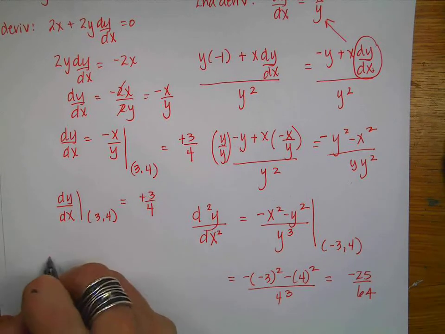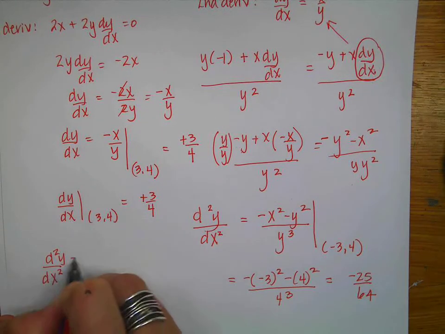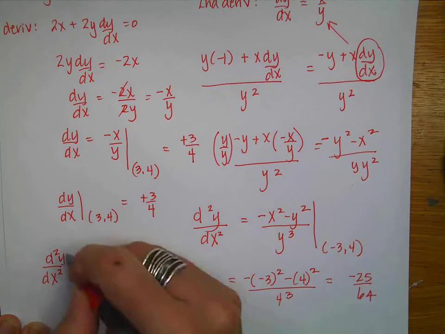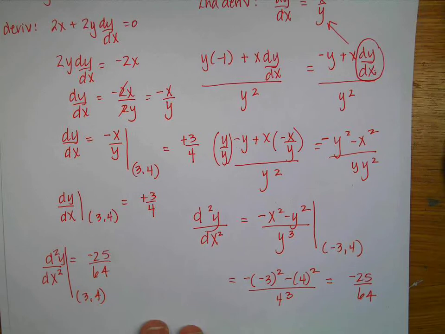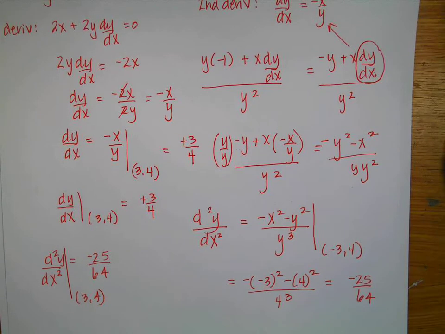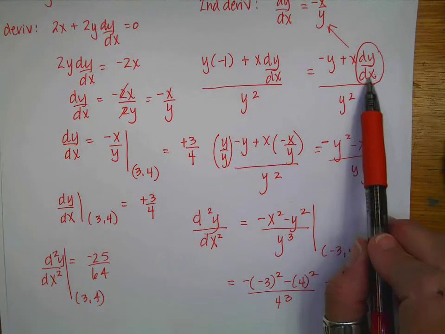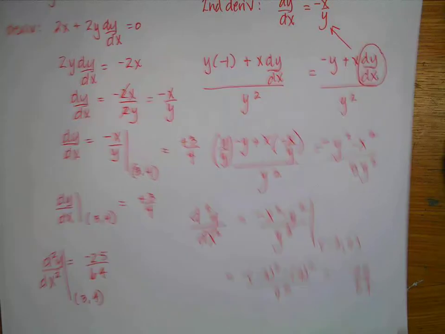So d2y over dx squared is equal to -25 over 64 when evaluated at (-3, 4). That's actually kind of cool, and this is a very common situation where I did a first derivative, then substituted my work back into the equation and continued simplifying.